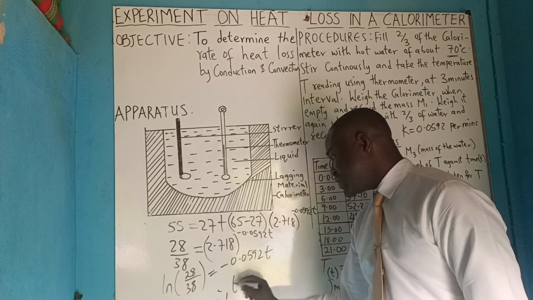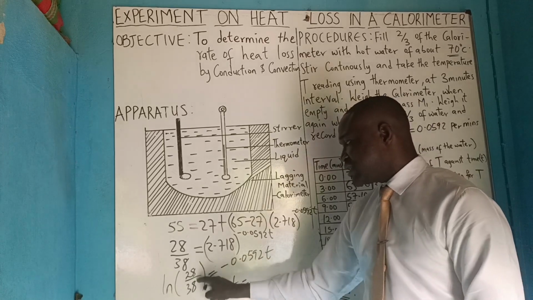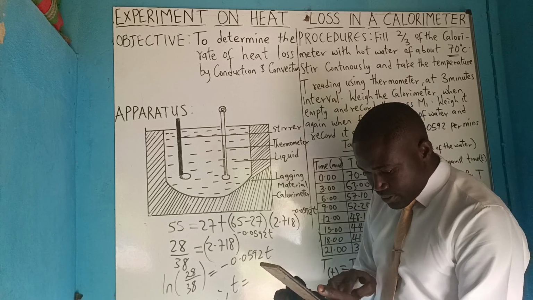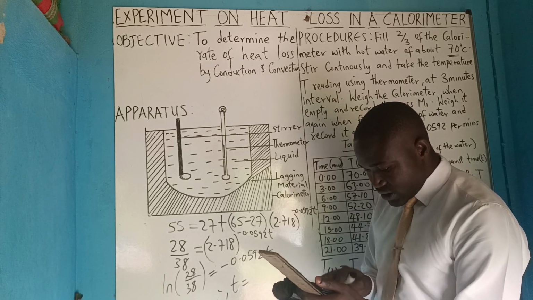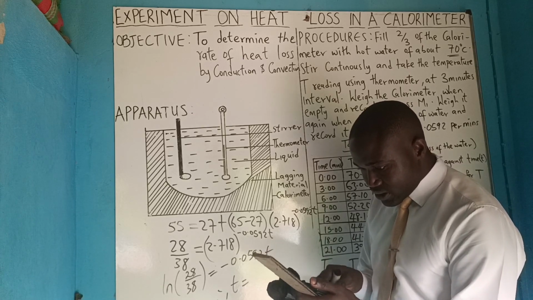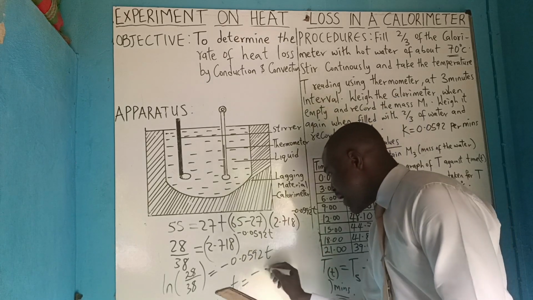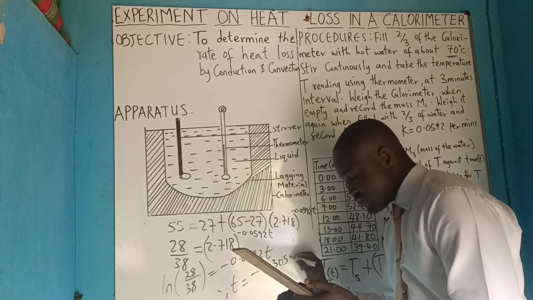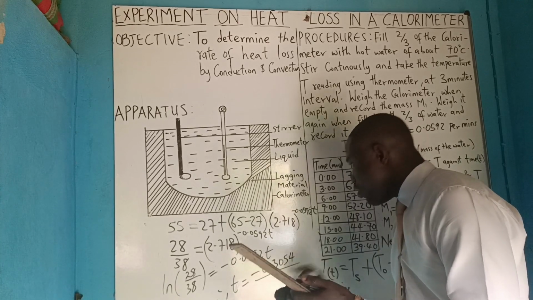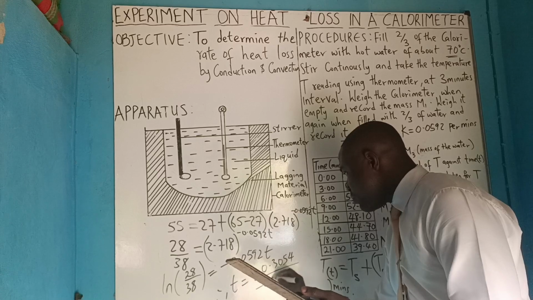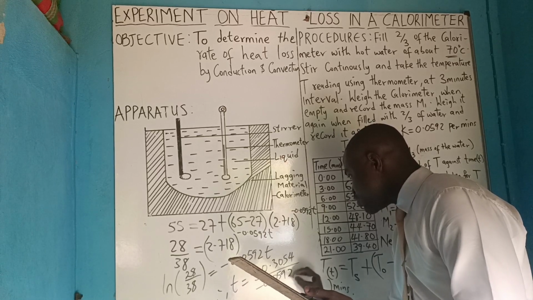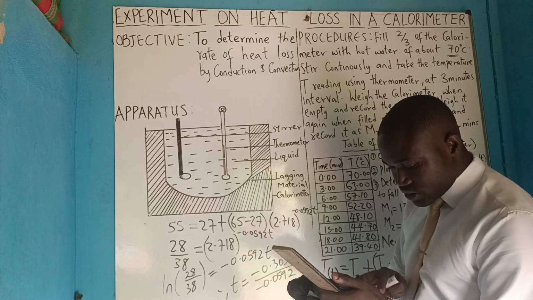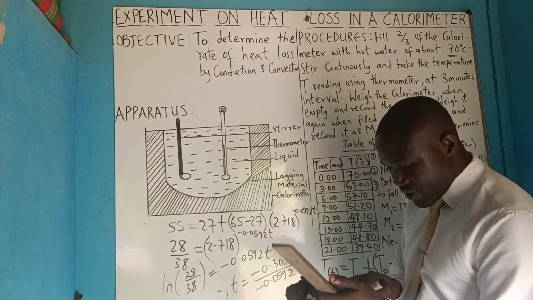Therefore, my t will be equal to ln of bracket 28 divided by 38, which is minus 0.3054, all over minus 0.0592.